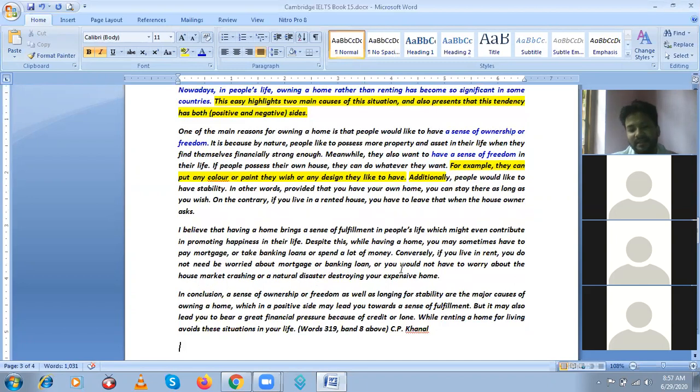we directly answer the second question. Is this a positive or negative development? Here, the second paragraph says, I believe that, so this is the position. I believe that having a home brings a sense of fulfillment in people's life.